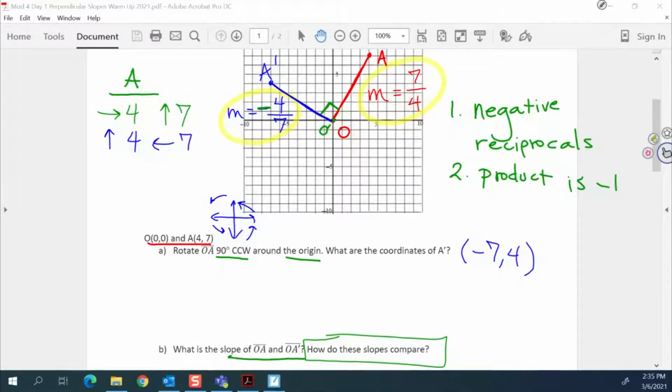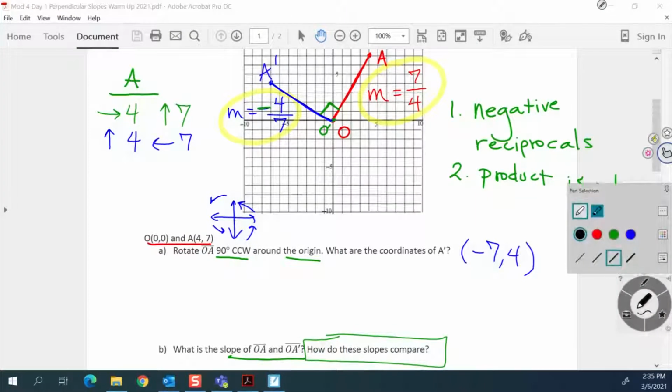So the thing I like about this activity is that it also shows why this happens. If you look over here, these arrows and how they turn is really important. The reason why this happens is because my run of 4 becomes my rise, right? The run becomes the rise, and the rise of 7 becomes a run of 7.